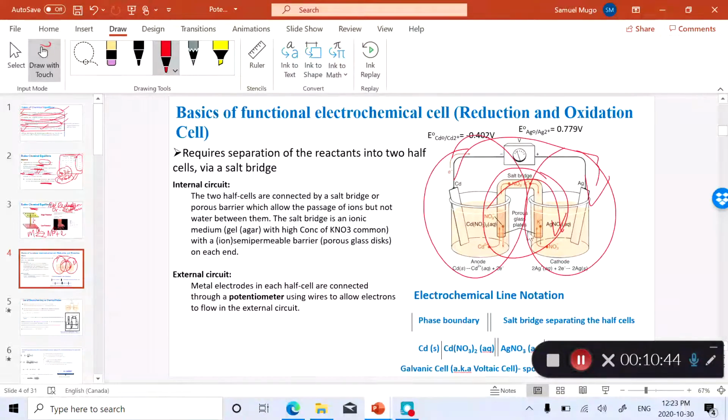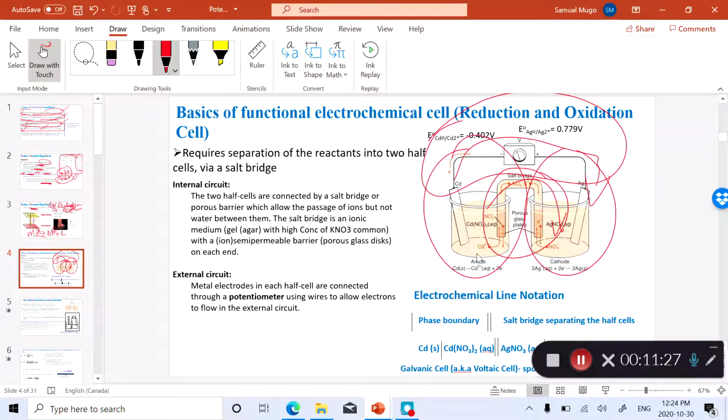And by the way, the salt bridge can simply be a piece of paper, where ions can migrate between the two solutions. But sometimes people make it using a gel such as agar, and again, it's a semi-permeable membrane. Essentially, that's what it is, a semi-permeable membrane where ions can transfer between the two reactions that are in the half cells. In the outer circuit, on the other hand, what you really have is the transfer of the electrons resulting from oxidation.